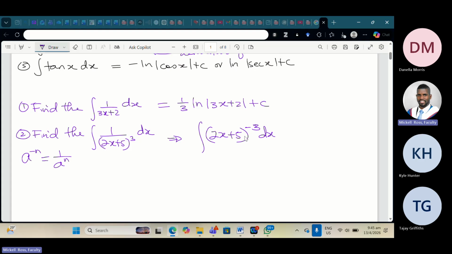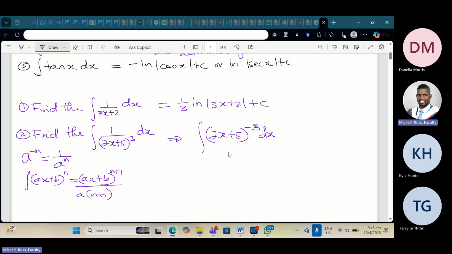And then you integrate, which is to add 1 to the power, divide by the new power. And we know that when we integrate it in this form, ax plus b to the n is going to be equal to ax plus b to the n plus 1 divided by a times n plus 1.